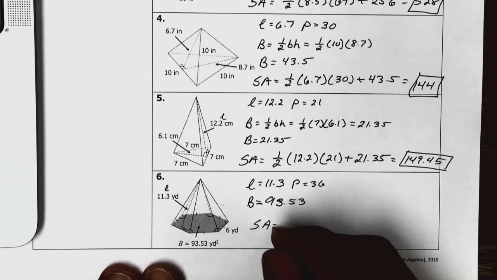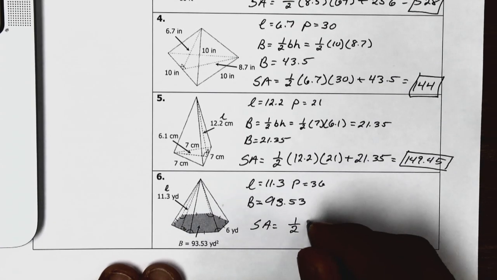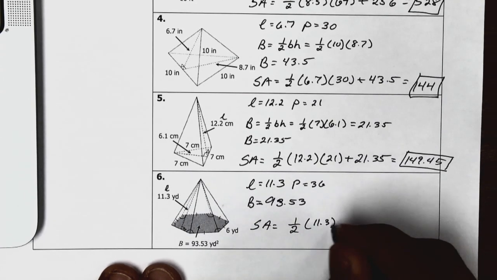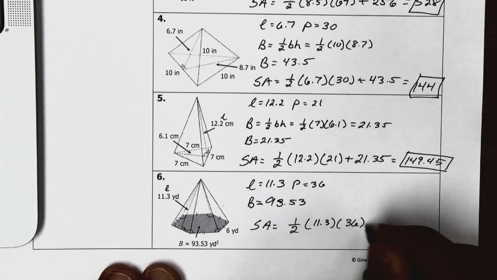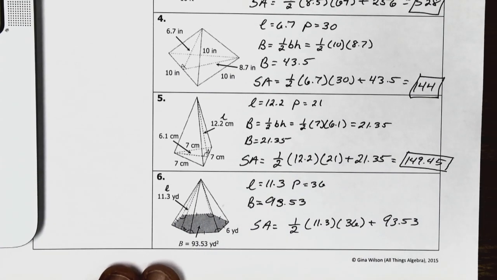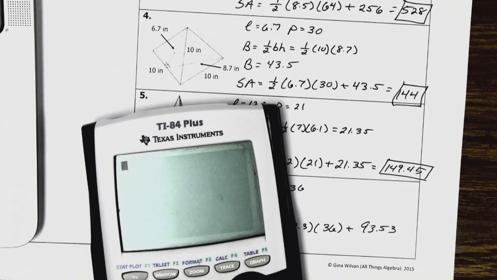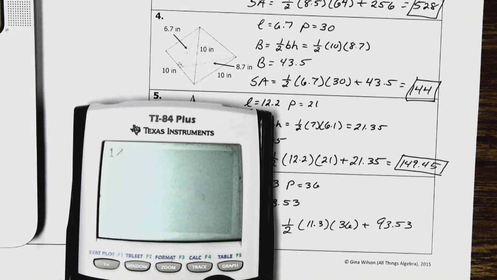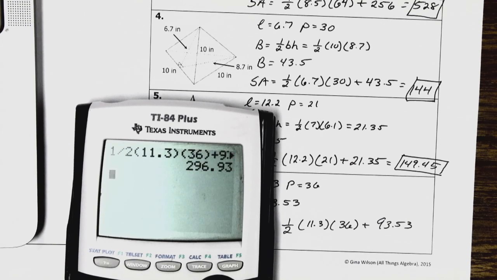So the surface area, use the formula, 1/2 times L, which is 11.3, times P, which is 36, plus big B, which is the 93.53 that they gave us. So 1/2 times 11.3 times 36 plus 93.53. And there it is, 296.93. Yeah, that's correct.